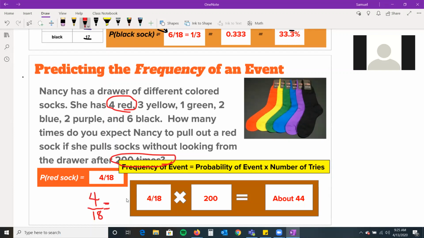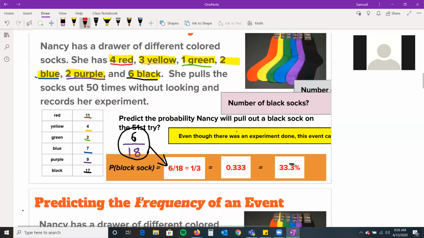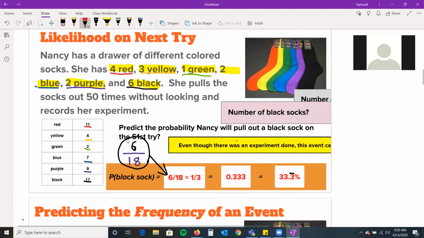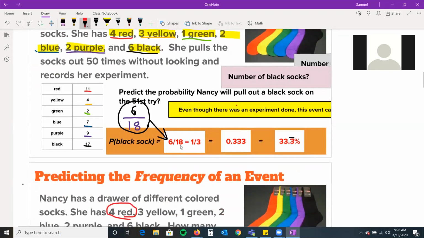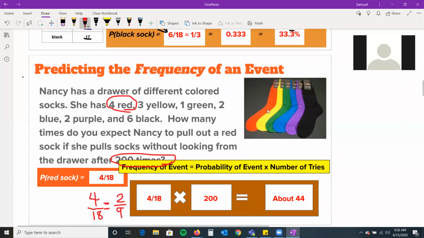And if we're going to make a prediction, so this goes with the whole prediction part. The last problem, I'll scroll up so you can see here. The likelihood of getting that was 33.3% of getting a black sock on the 51st draw. Even though there's an experiment done, this one can be predicted. Now with this, there were no previous results.